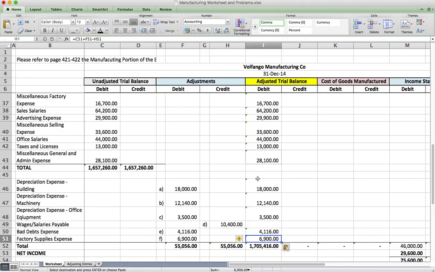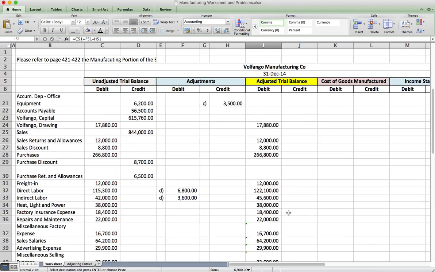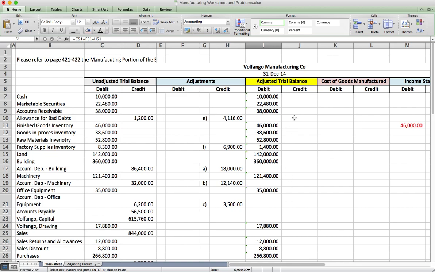Hindi na siya gumawa ng adjusted balance. Tayo gagawa tayo kasi masipag tayo. Then for credit accounts, normal credit balance is credit plus credit less debit side. Okay? Again, credit plus another credit less debit side. Kasi normal balance ay credit.